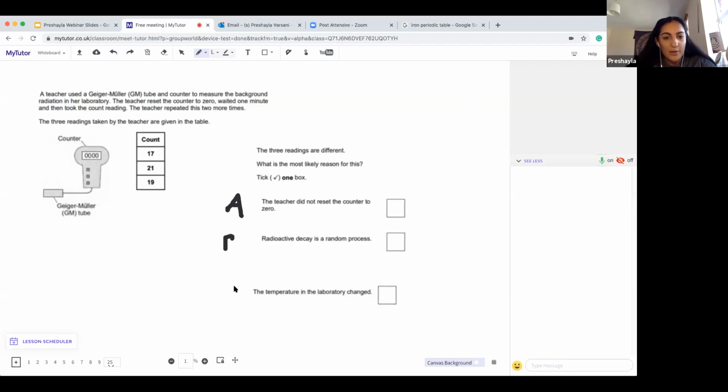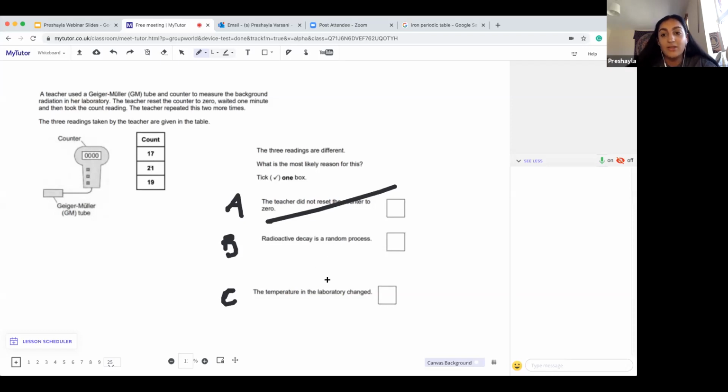We definitely know it's not A, because in the question it tells us the teacher did reset the counter to 0. So we'll cross that one off. What do we think? Did the temperature in the laboratory change, or is radioactive decay just simply a random process? And that's the reason why she might have got 3 different readings. Okay, few of you putting C, few of you putting B. Let's clear that up.